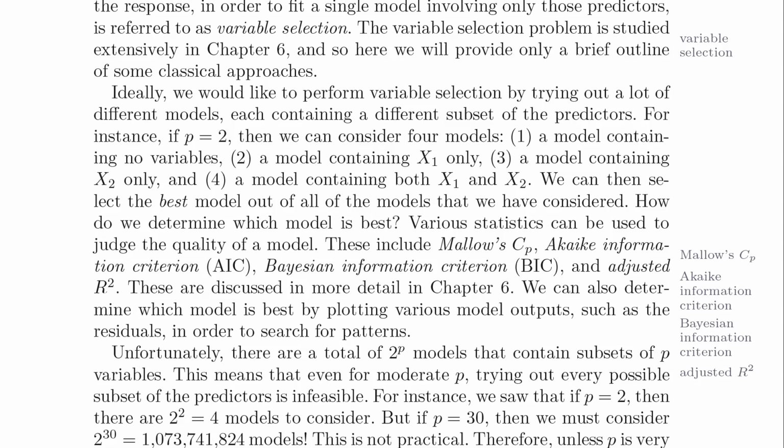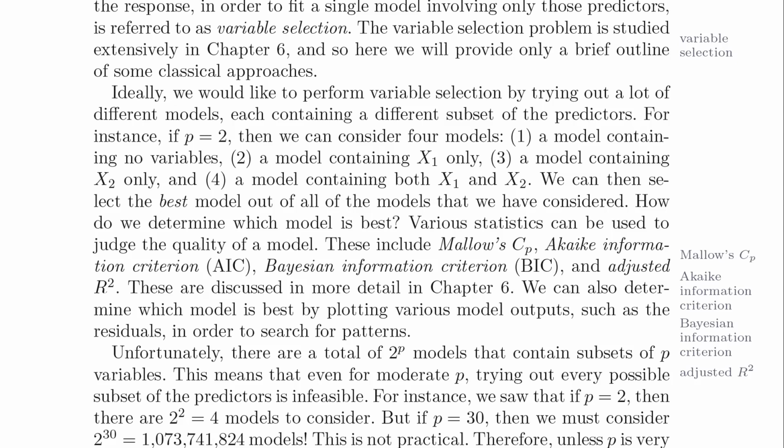We can then select the best model, italicized, as one would expect, out of all the models that we have considered. How do we determine which model is best? Various statistics can be used to judge the quality of the model.